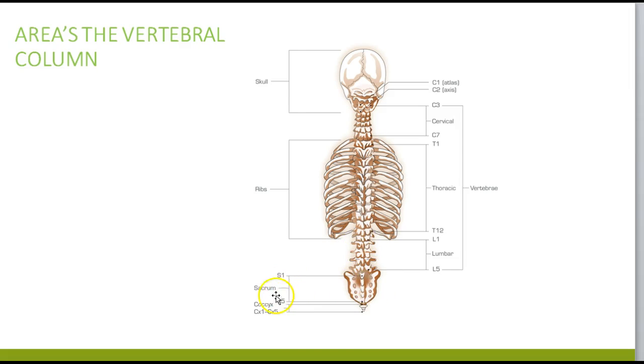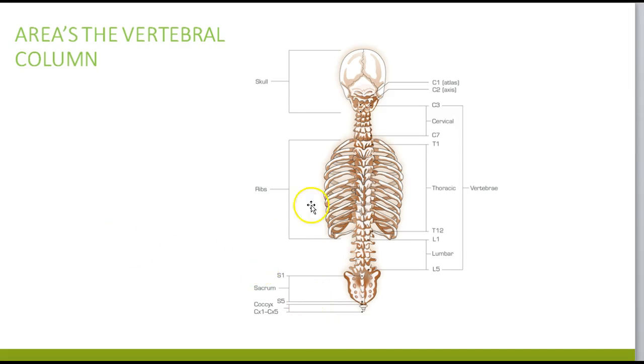So we've got the sacrum fused here, and then when we get to S5, we've got our coccyx 1 through to 5, and they're the teeny little bones right at the bottom of your vertebrae. So very, very important you remember cervical 7, thoracic 12, lumbar 5, sacrum 5, coccyx 5.